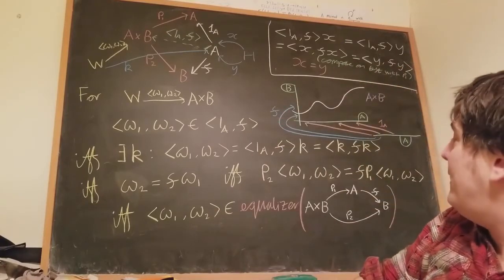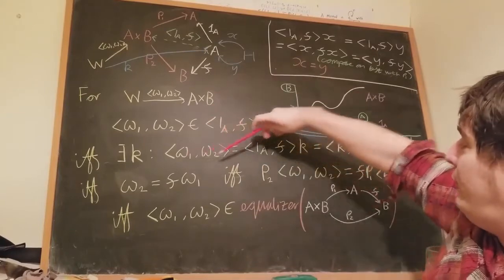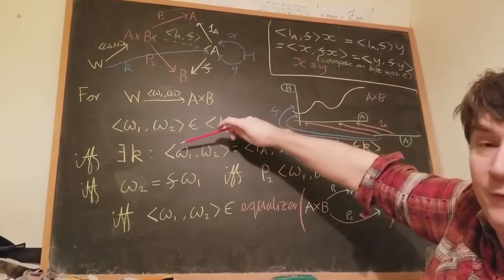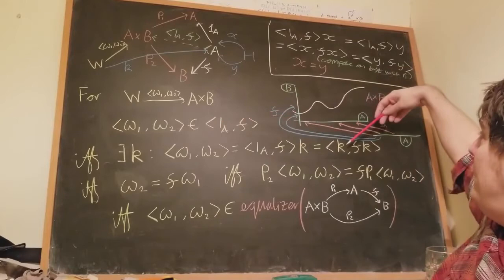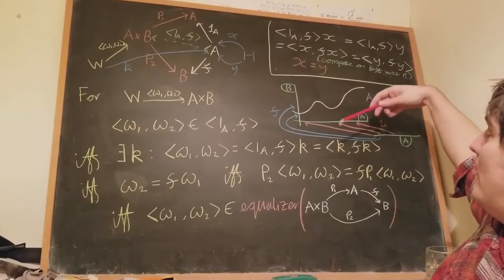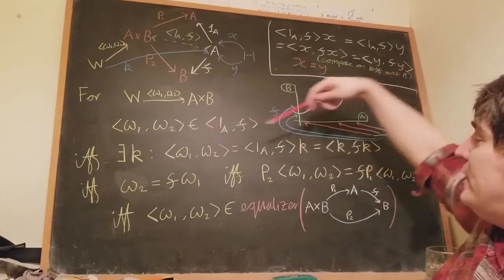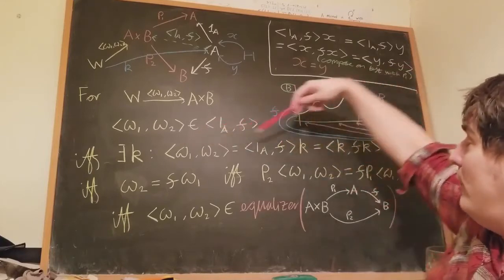Now here's the thing: in order for this to equal this, we have to have that W1 is equal to k. We can see this by composing these things with P1 on the left.